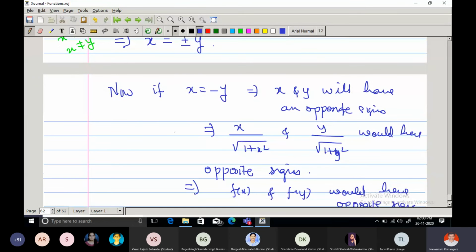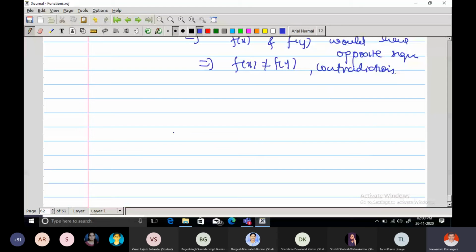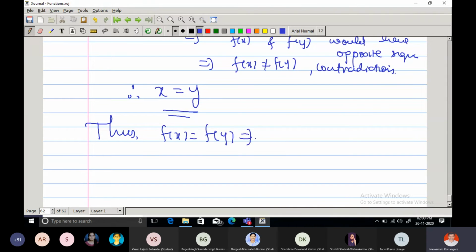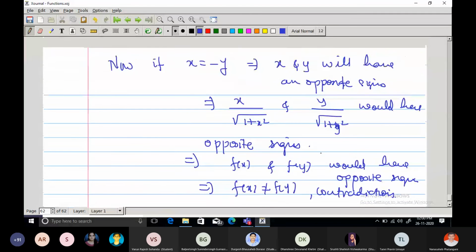Thus, fx is equal to fy implies x is equal to y, and therefore f is 1-1. Okay, so this is clear. This function is a 1-1 function. Right?